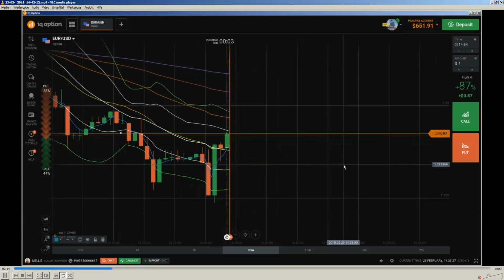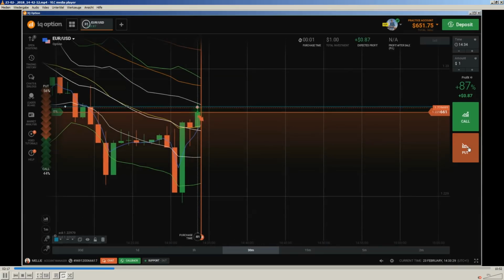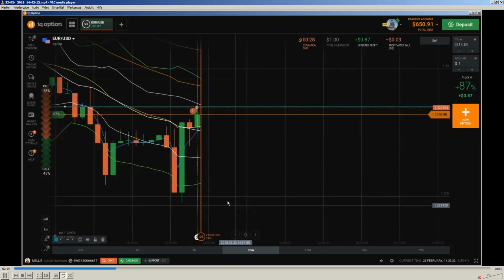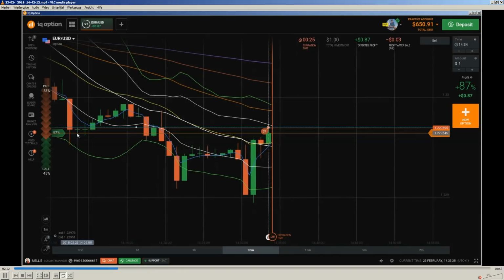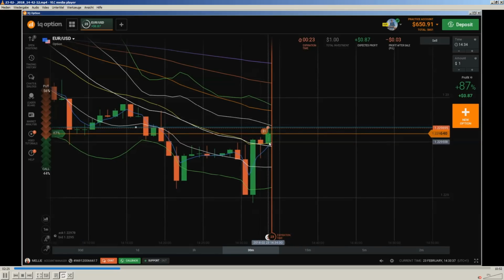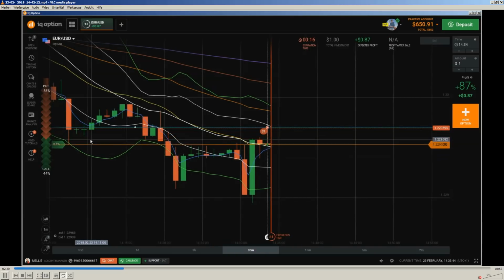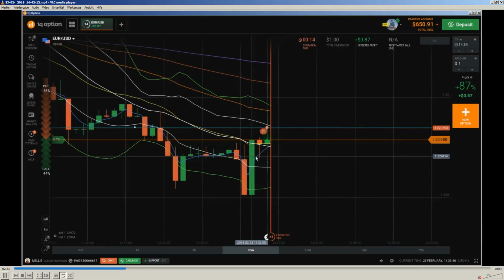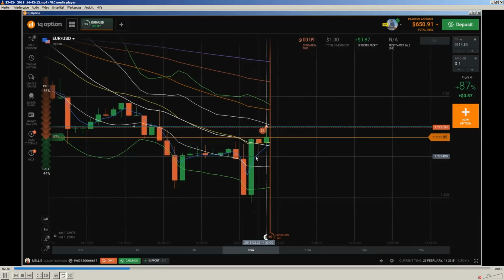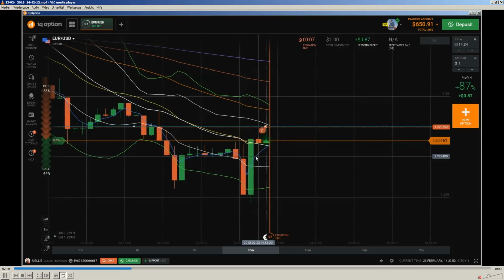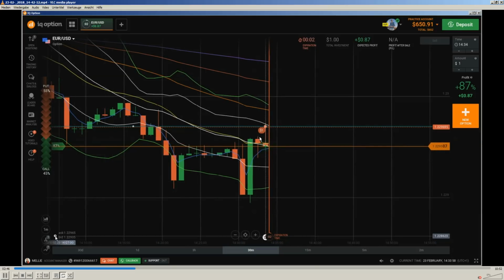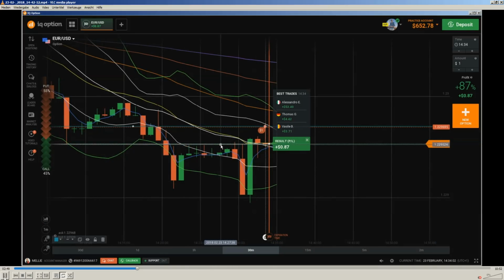I'm moving the support and resistance area around this, and then I enter into a put, because I was expecting that price will go down and will not break through this area. And you see, this is what's happening. Price is going down to do a fake breakout of the 20 EMA, exactly what I expected, because we got a breakout and then a weak candle. So that was this one. After this, let me see what's happening.